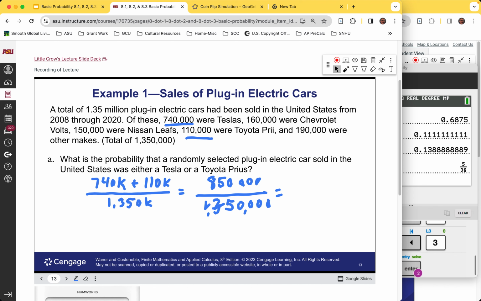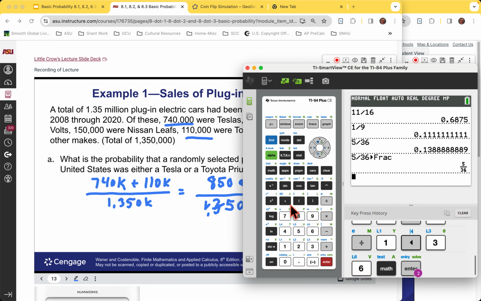And again, a lot of times they're going to want this as a reduced fraction. You could see we could obviously cut off the zeros, but we can also put that in here. Got that right.